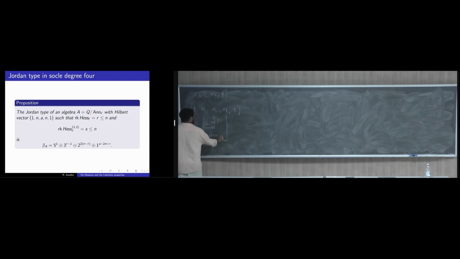Let me call this rank R. Sorry, R is the rank of Hess 1 of f, and S the rank of Hess mixed 1, 2 of F. So the result is that the Jordan type has this beautiful formula, and you can use the theorem, but I prefer to use the algorithm.